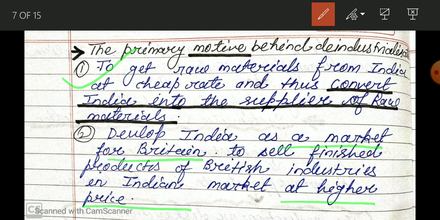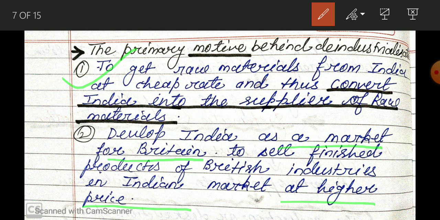In very simple language, they did systematic deindustrialization for two purposes. First, they wanted to get raw material at a cheap price.